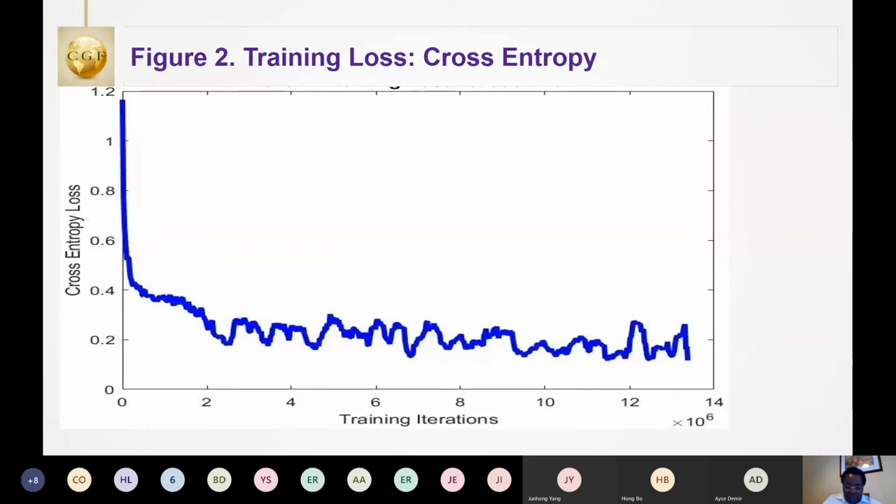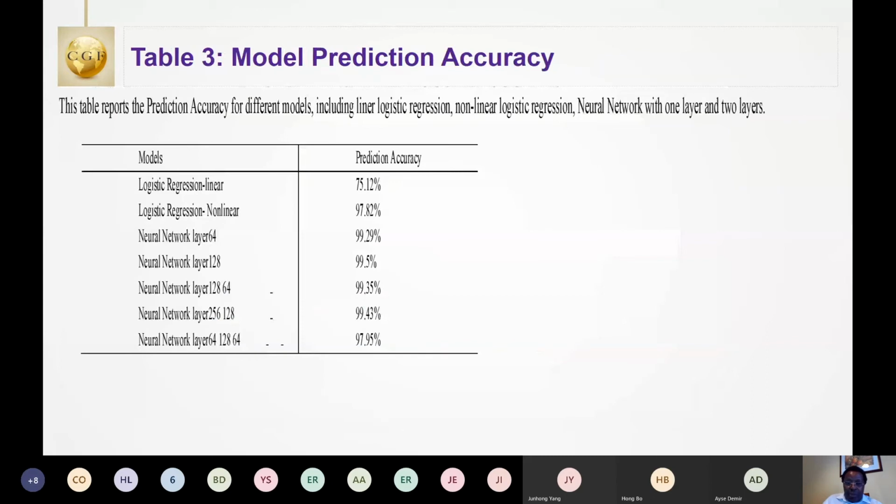And 99.5 here is given for the neural network layer 1, 128 neurons, and 99.29 for 64 neurons.